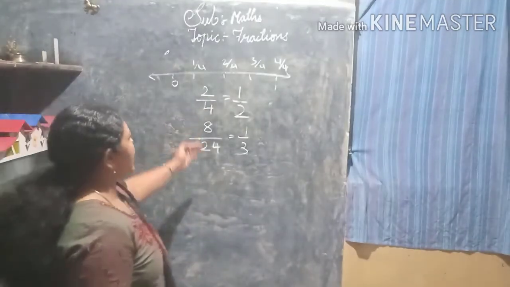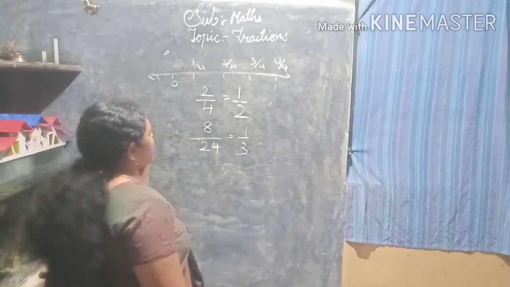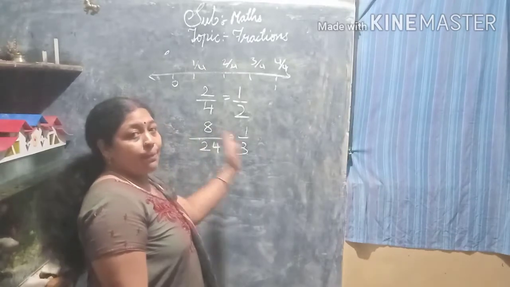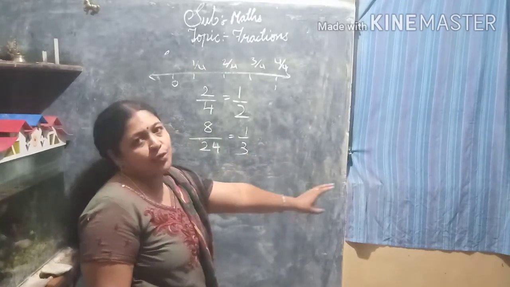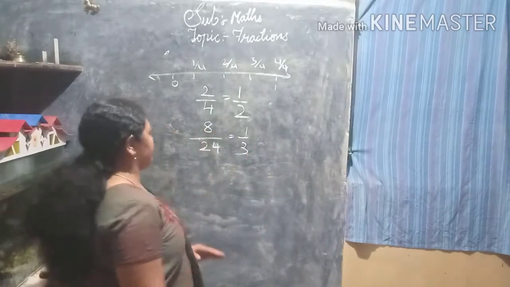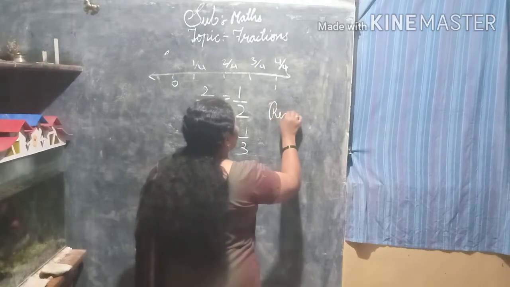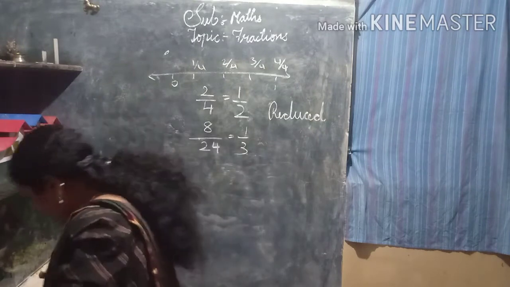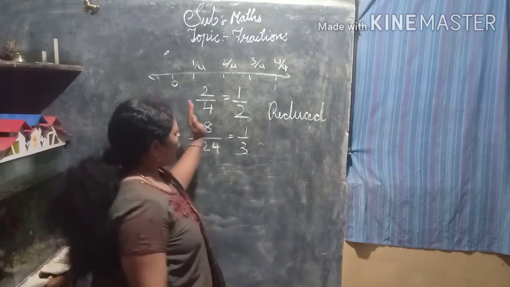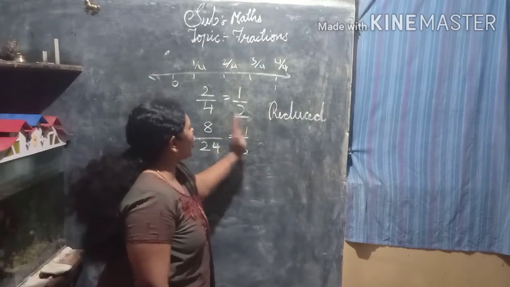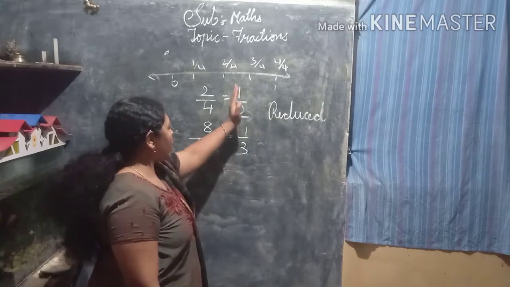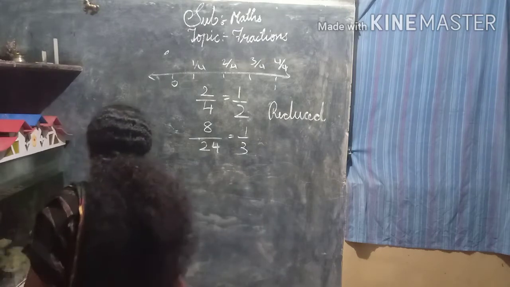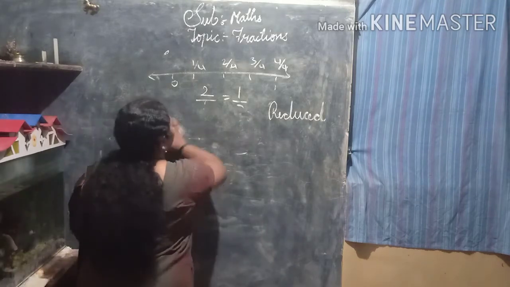So this is called simplifying the fraction. The fraction is being simplified into the simplest form. It is reduced. We call it reduced. The bigger number is brought to the lowest form, so further you cannot divide it.